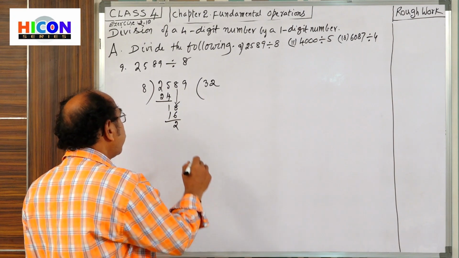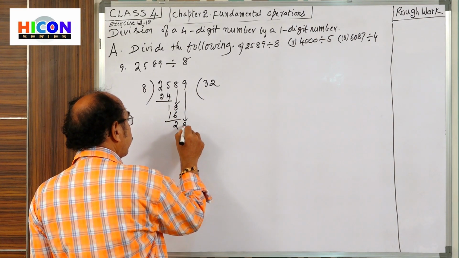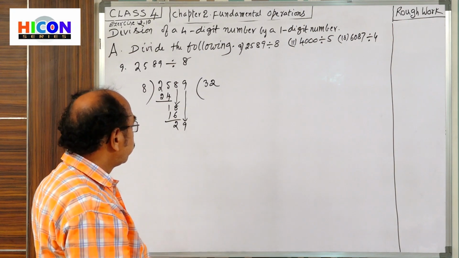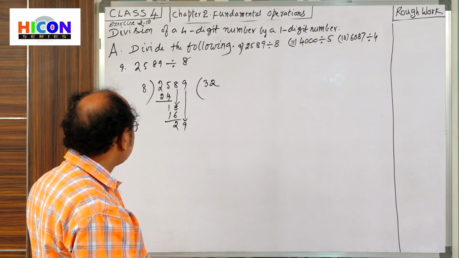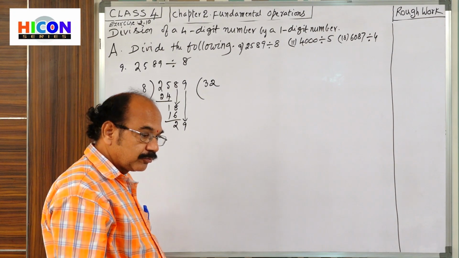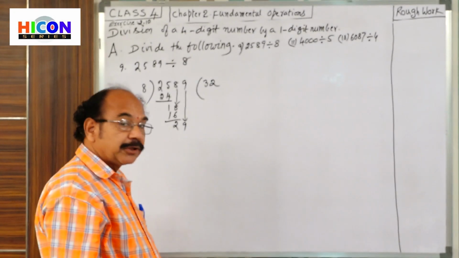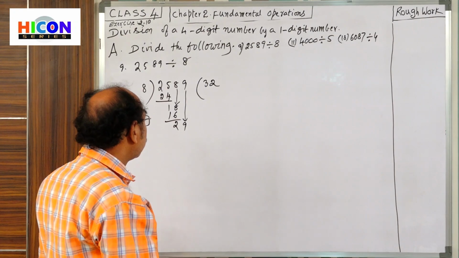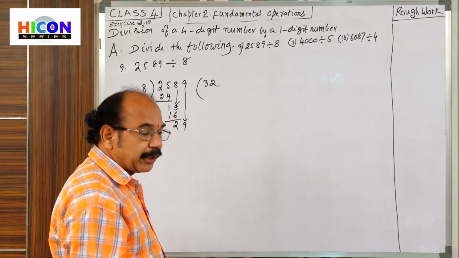Now from the dividend, bring down 9. How many times? 8 threes are 24. 8 fours are 32, that means we are getting more.